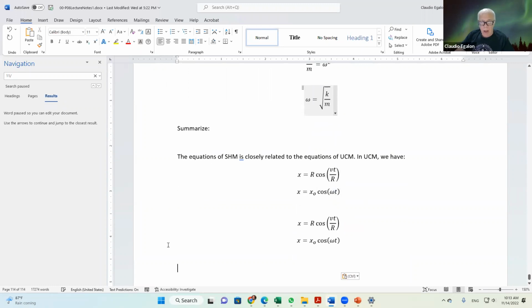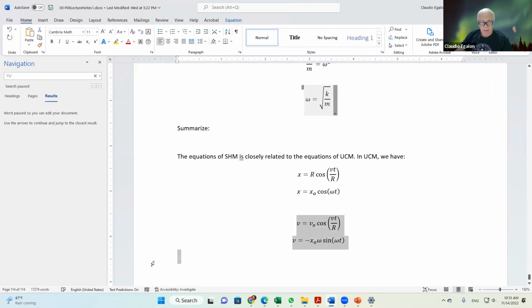For the velocity, we're going to have v of t, v naught or v tangential over r, but not cosine, rather sine with a negative sign, and we are going to have our omega here as well, like that.